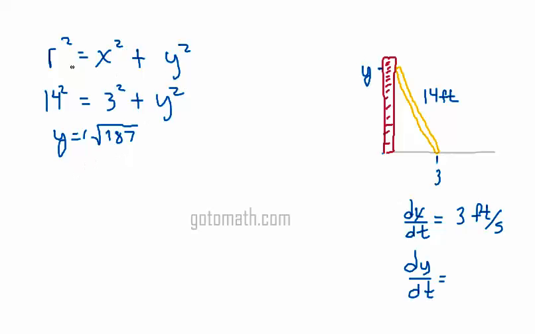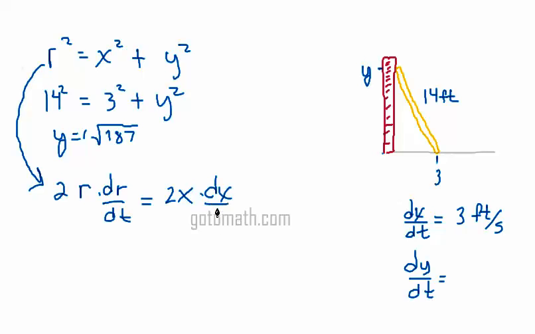So let's go back up to this, and since we need to find dy over dt, we're going to take the derivative of this with respect to t. The derivative of r squared is 2r, but we want to write dr over dt, and then this is 2x dx over dt, and this is 2y dy over dt.